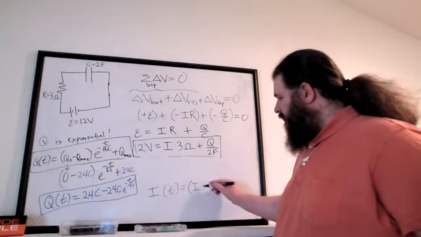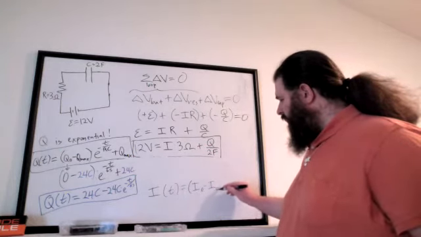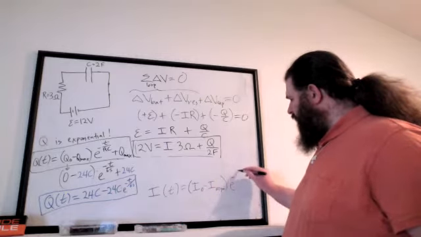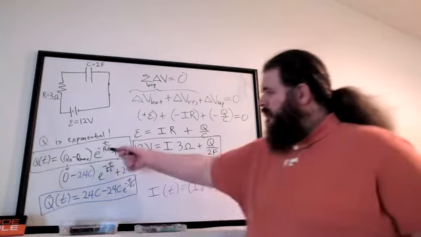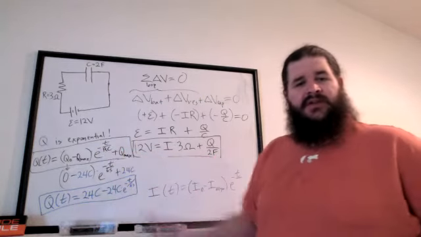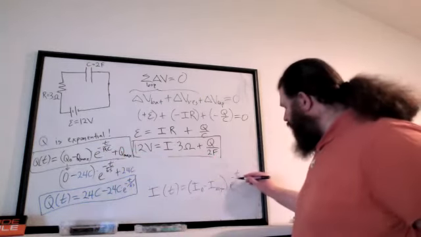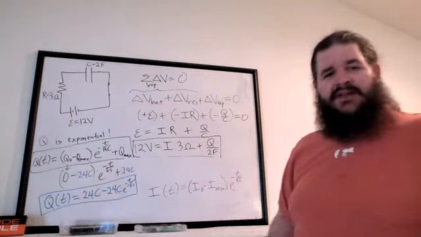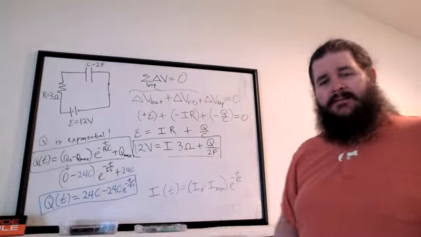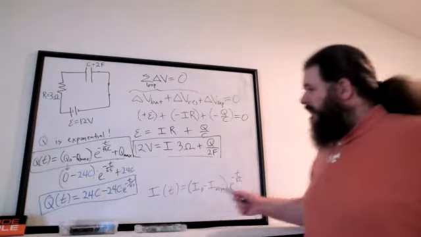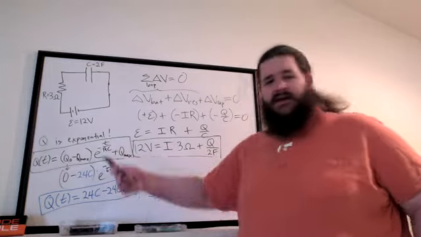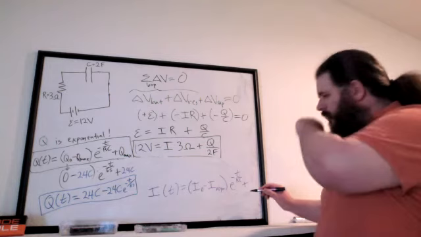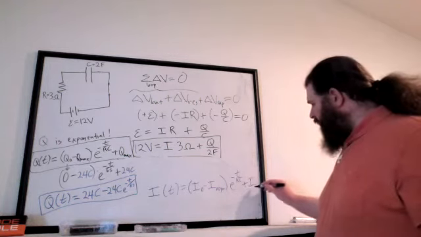Initial current minus asymptote current times e to the negative t over, and the current's also going to follow the same time constant. It's still going to have negative t over RC. Ultimately, everything in this circuit that decays together is going to decay with the same rate. So both the current and the charge are both going to have the RC as the time constant. And then plus the asymptote current.